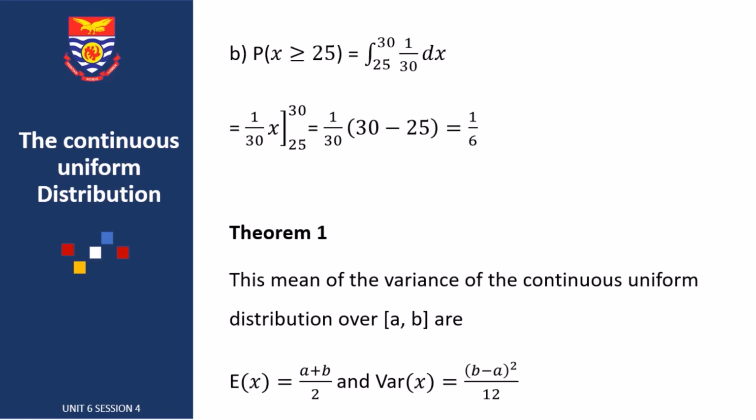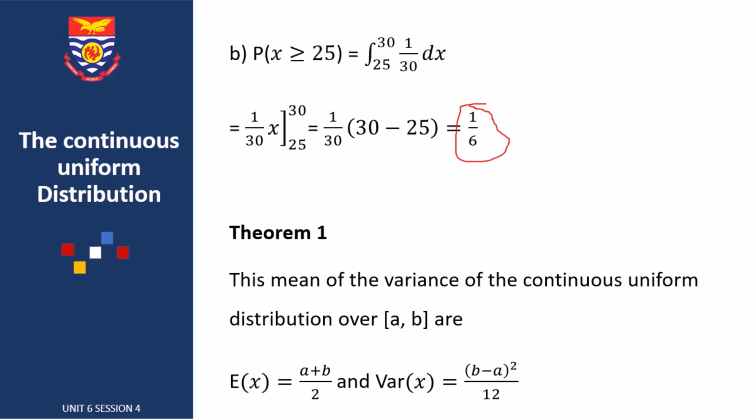So above 25 will be from 25 to 30. Integrating from 25 to 30 the function 1 over 30 with respect to dx, and substituting the limits, we have 1 on 6. Quite very simple.